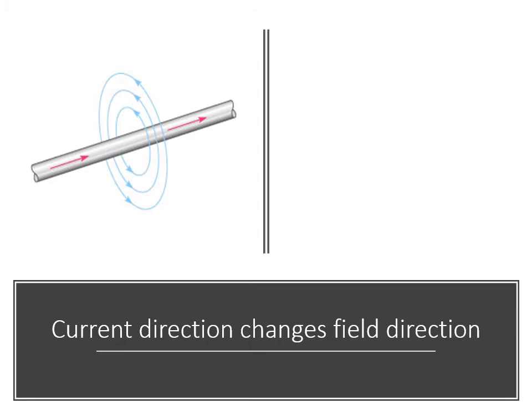If you were to take your left hand, because we're using electron flow, and grab the wire with your left hand and point your thumb in the direction of the current, which in this diagram is from left to right, the direction your fingers are wrapped around the wire would indicate the direction of the magnetic field, which is counterclockwise in this diagram.